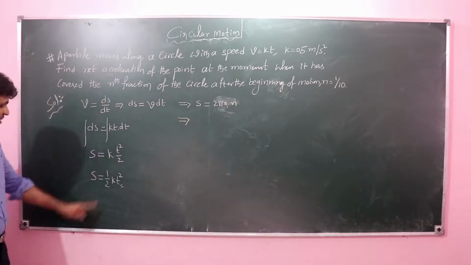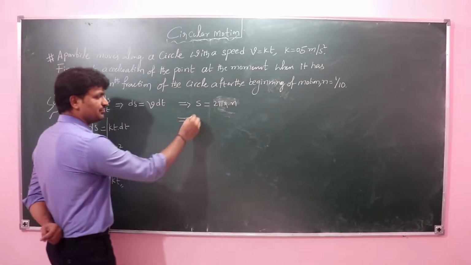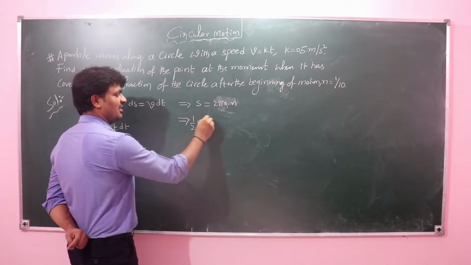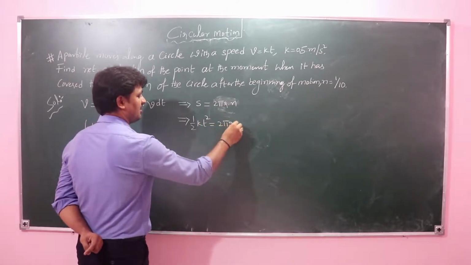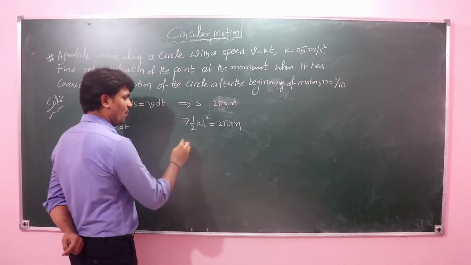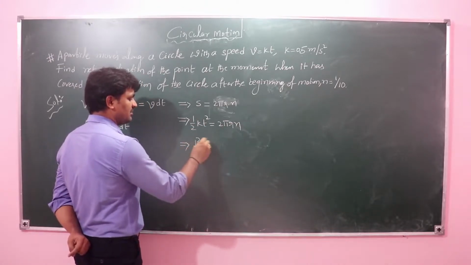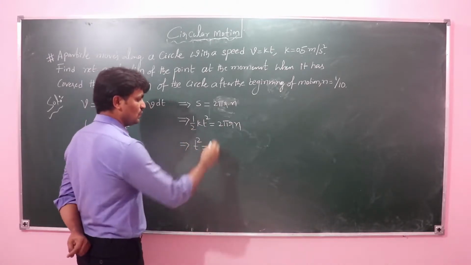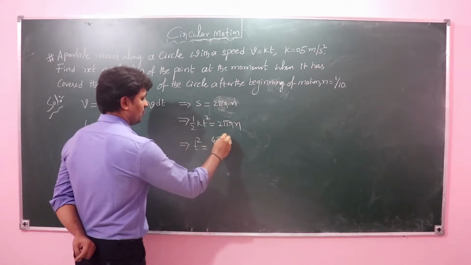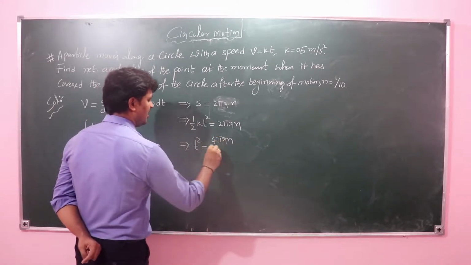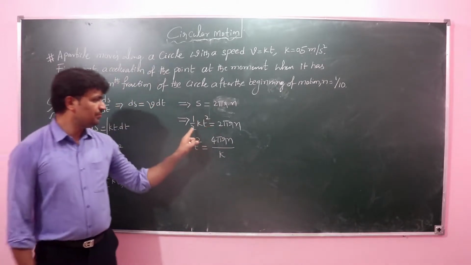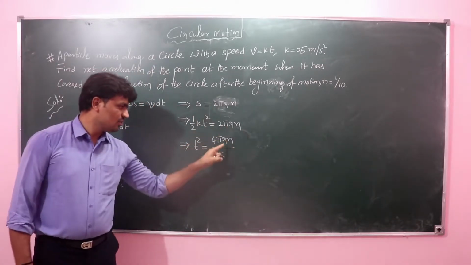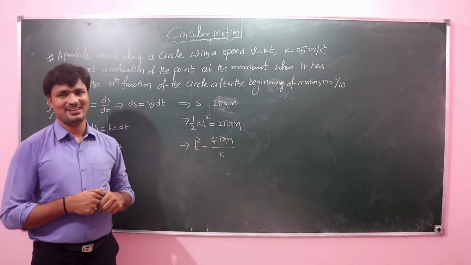The value of s is half kt square is equal to 2 pi r n. I want the value of time, so t square is equal to 2 2s are 4 pi r n upon k, that is t square.